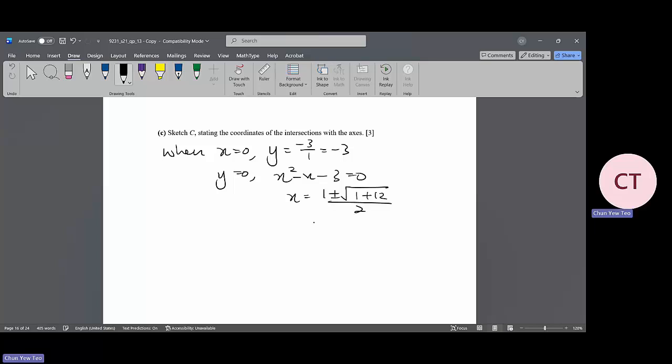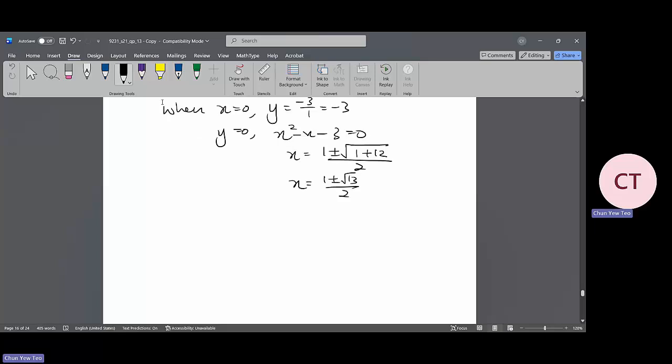You get x equal to 1 plus minus 13 divided by 2. Okay. So you need to be careful because the value is not a nice value, so we need to roughly know where the location is in order to sketch a graph.